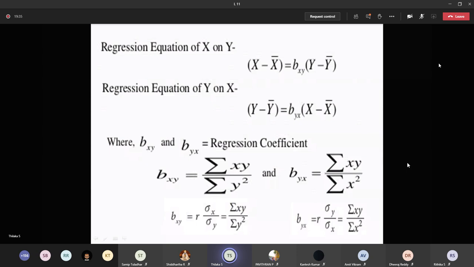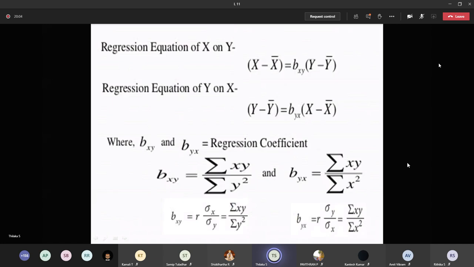In the second equation, we have small r, sigma x and sigma y. This small r refers to the correlation, which also explains the relationship between the two variables, and sigma x refers to the standard deviation of the x variable, and sigma y is the standard deviation of the y variable.